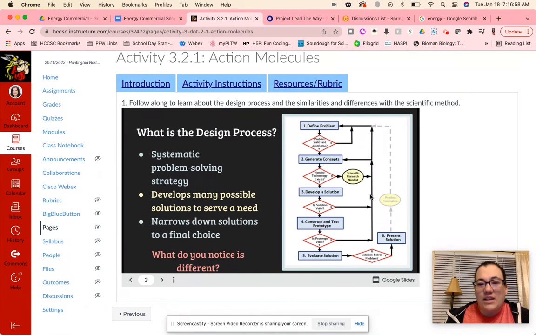As you can see, this is a little bit more complex, has several steps that are the same, but it also has a lot of arrows linking future steps to previous steps and looking at different solutions and prototypes. Think about what you know about the traditional scientific method and compare the two. In your OneNote, there's a page.